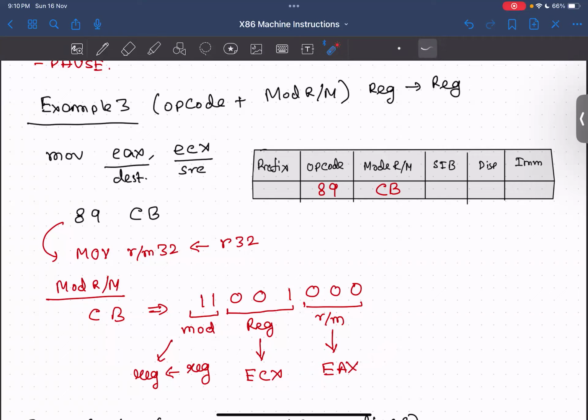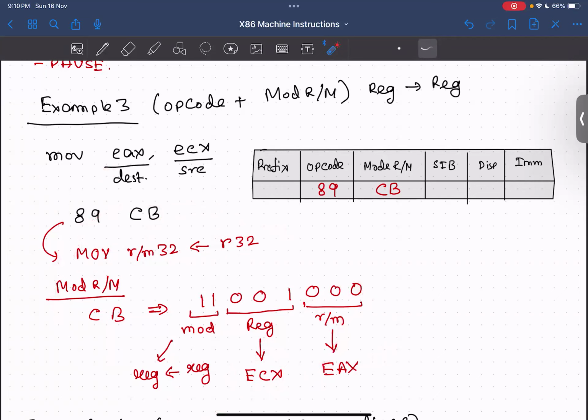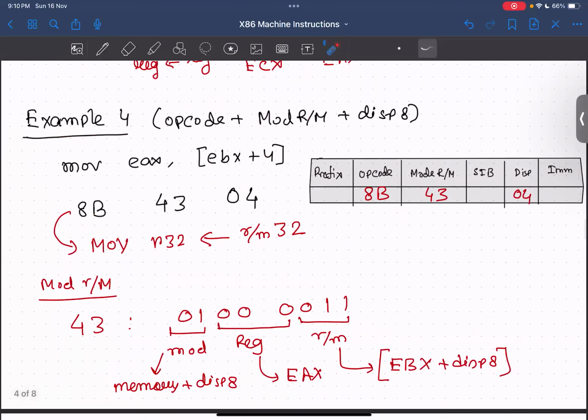So finally, we know this is a move instruction, and something is coming from ECX to EAX register. Although I have shown it from top down, it was supposed to be like this first, and then from this we decode that, okay, this is a move instruction which is copying something from ECX to EAX, right? Make sense? So let's move on to a bit more complex example.